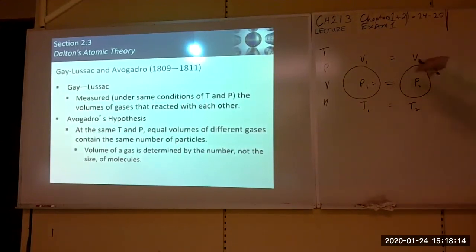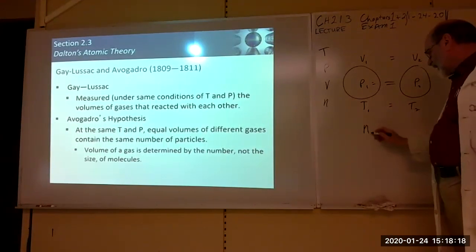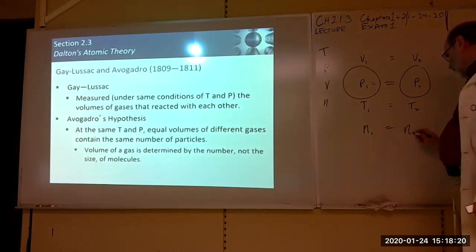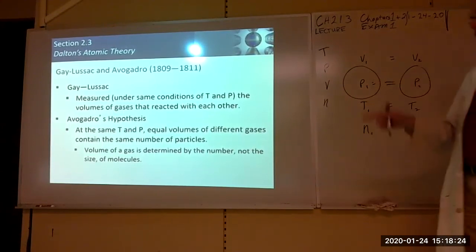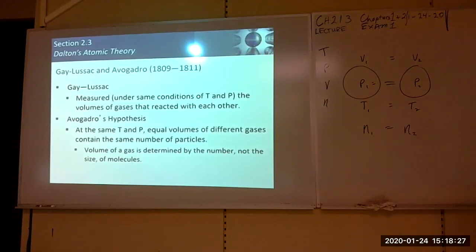If all those 3 factors are the same, then each container holds exactly the same amount of gas. Okay, that's Avogadro's hypothesis. And what that did was that opened the floodgates for chemistry in the early 19th century.